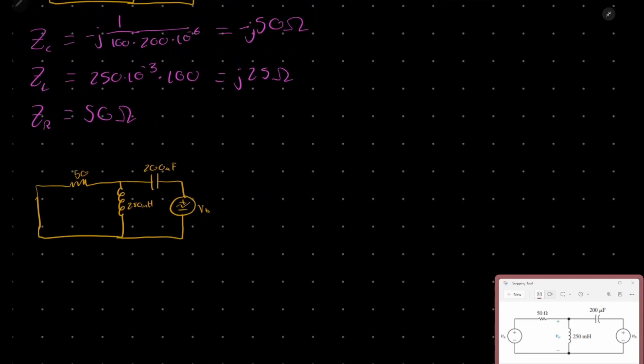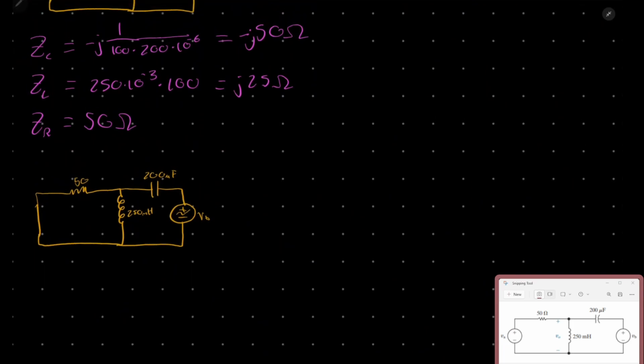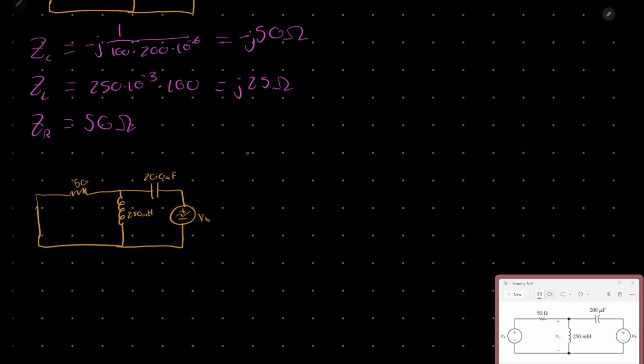So it'll be something like this. j25 in parallel with 50, and that'll be equal to 10 plus j20.